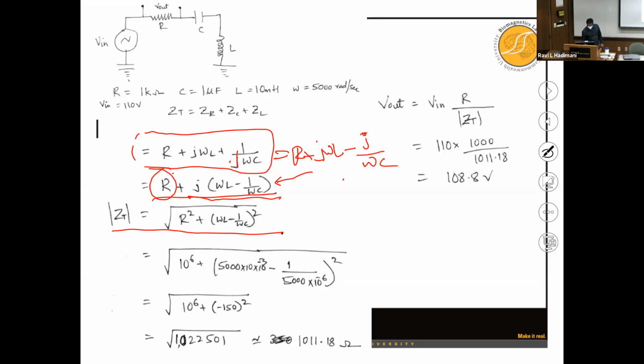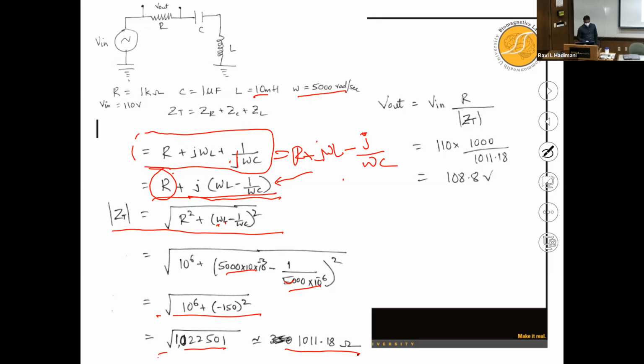If you substitute omega, you are asked to calculate at 5,000 radians per second, and your inductance is 10 millihenry. For C you have microfarad, so it's 10 to the power minus 6. So this is what you get, and if you solve that, this is your total impedance.